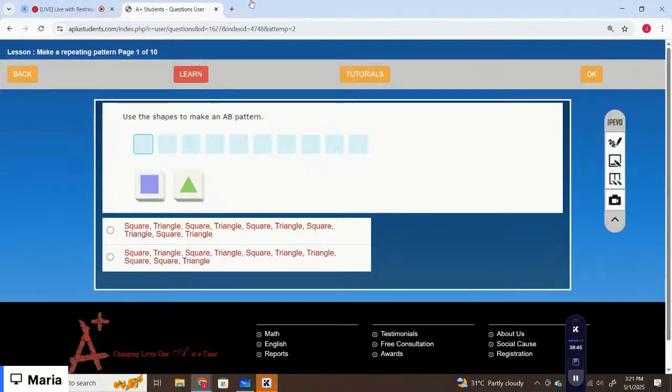Okay, square, triangle, square, triangle, square, triangle. Option number one is the correct option because they are repeating in the same pattern. An AB pattern means they keep repeating themselves in a specific pattern, right? So option number one is the correct option.